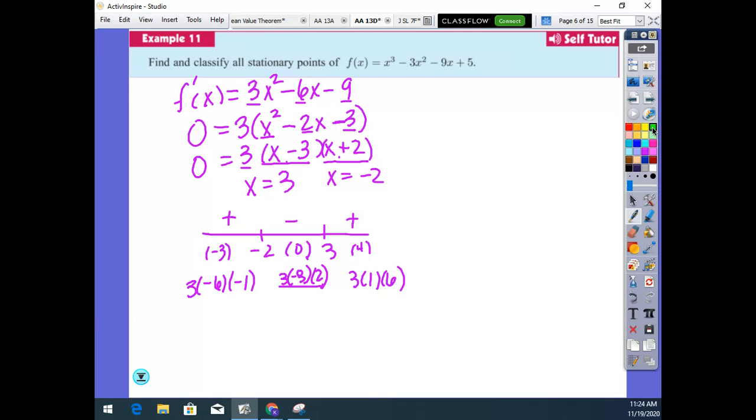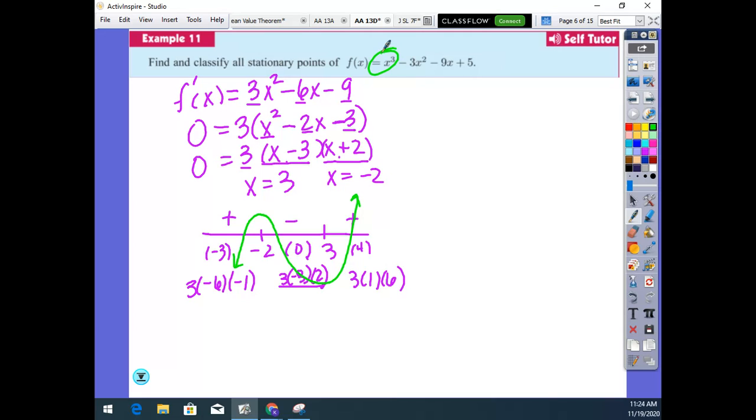Now, watch what I'm going to do. I'm just going to draw a graph directly on this. Positive, so it's increasing, 0 slope, decreasing, 0 slope, increasing. Does this shape make sense for a positive x to the third? Yes. So this is what the shape is.